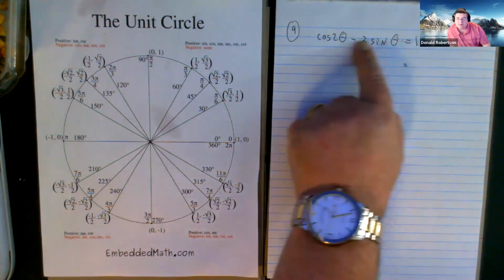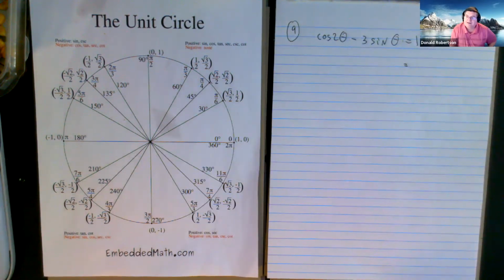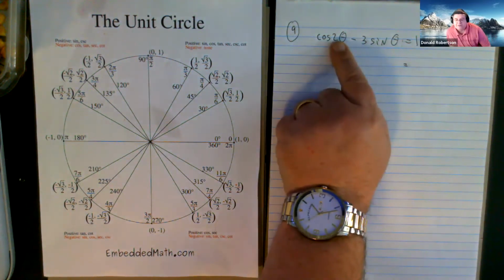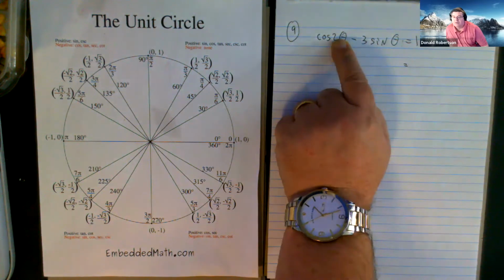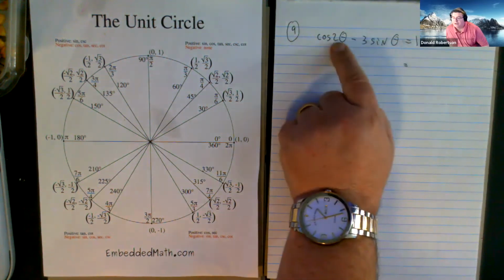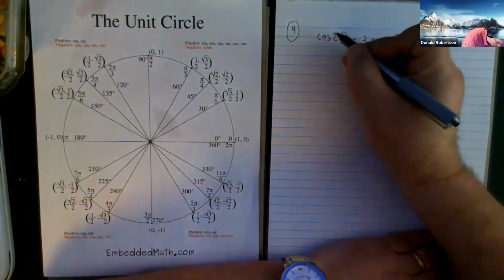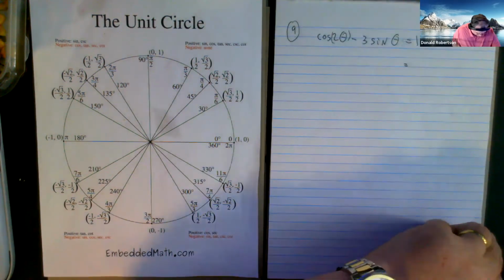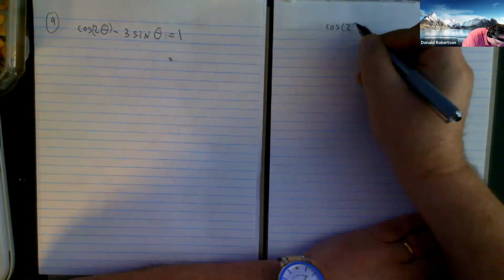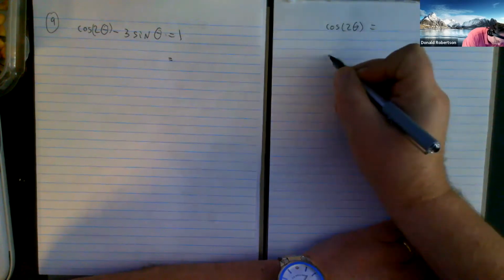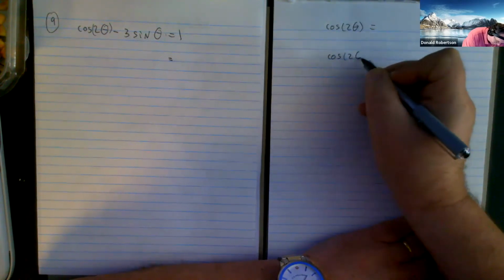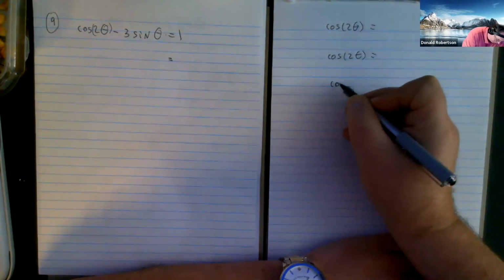This fella here can't really be solved while you leave this thing as a 2 theta, because these two do not play well together, right? Everybody should be the same, right? Now, if you go looking up what are called the double angle formulas, you're going to find that there are 3 versions of the cosine of 2 theta.